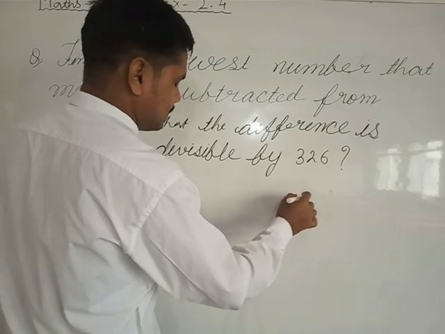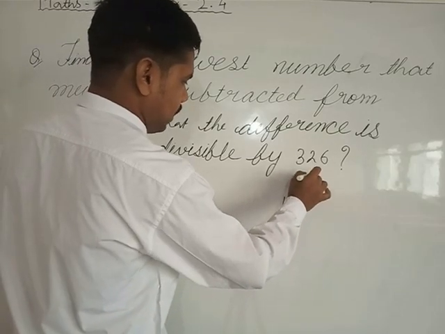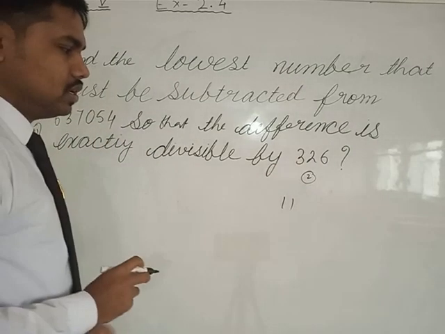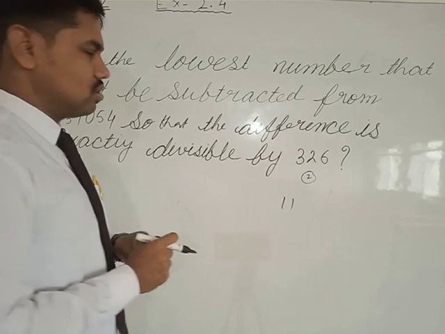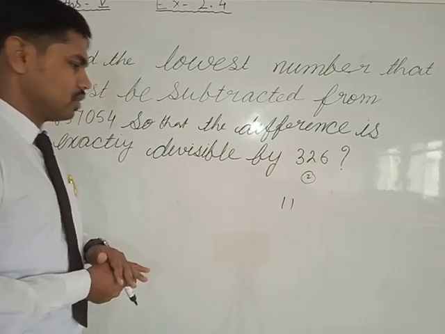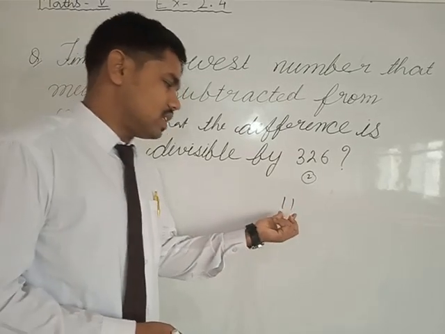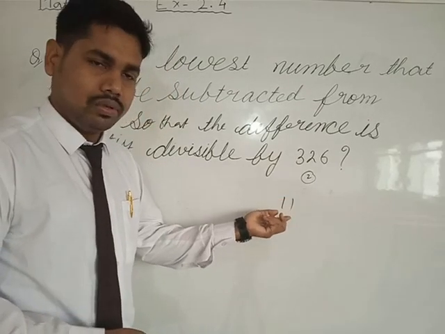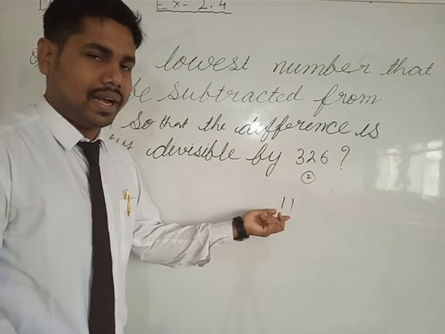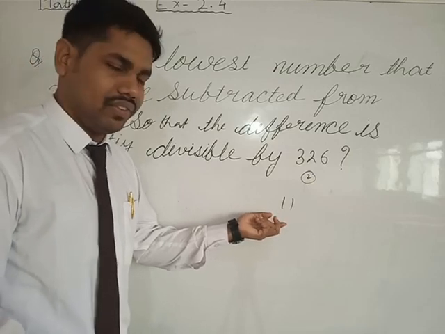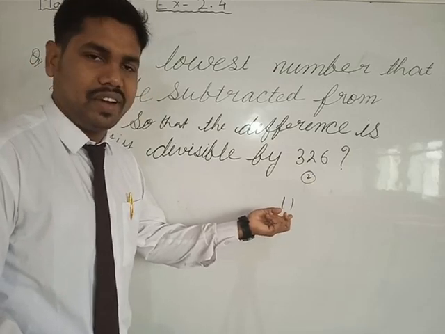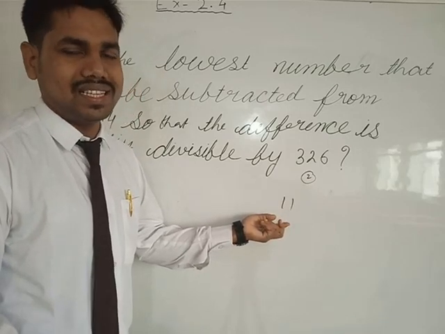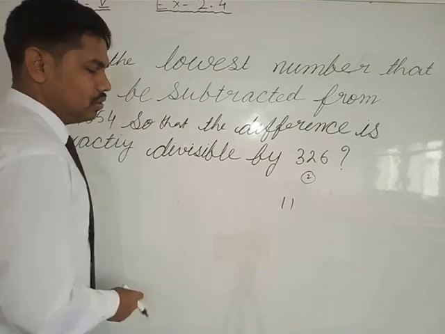So first, what is this question asking? It is asking how much we have to subtract from this number so that it is exactly divisible by 2. Directly you can tell that definitely 1 has to be subtracted. If you subtract 1, it will be 10, and then it will be divisible by 2. So how have you done this? This is the problem, so how you can do it is this.